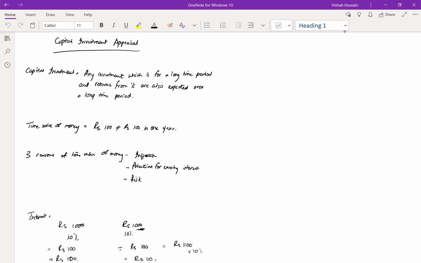For example, if you're buying a burger for $100 today, you might not be able to buy the same burger in a year's time with those same $100. You might have to spend $150 to buy that same burger. Are we clear up till now?